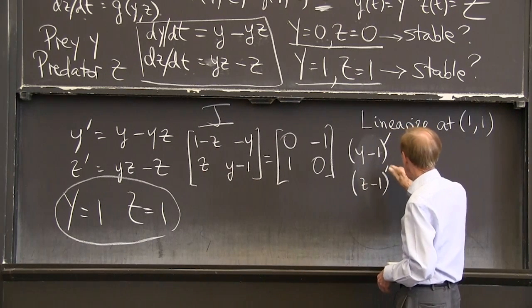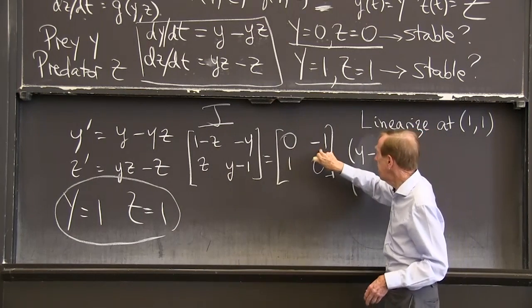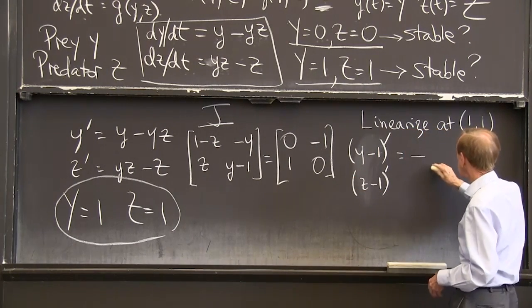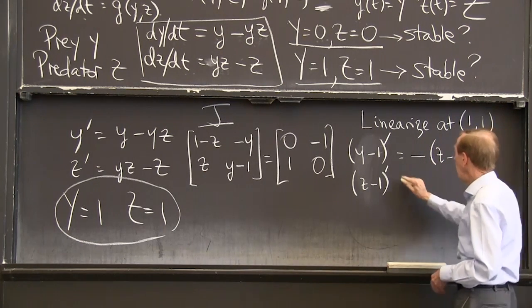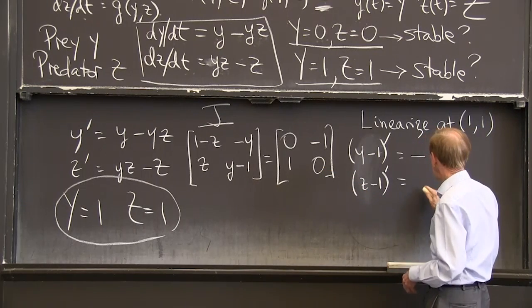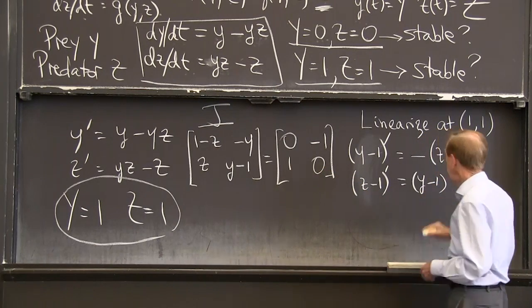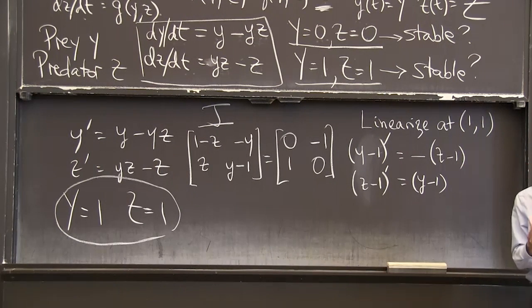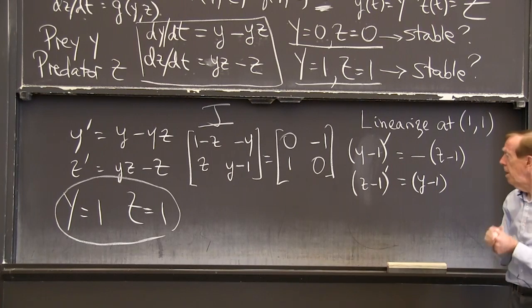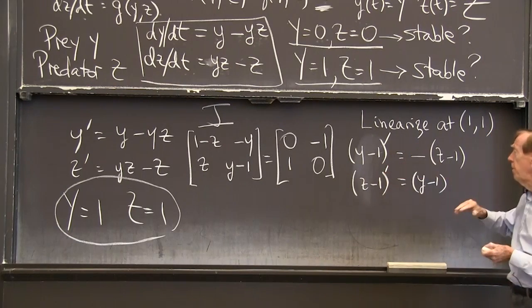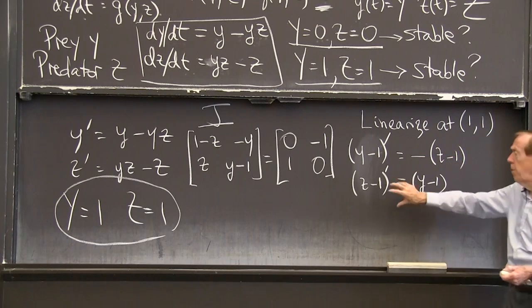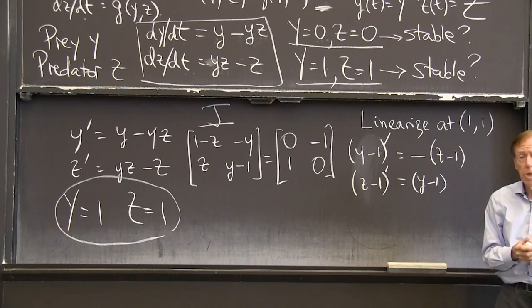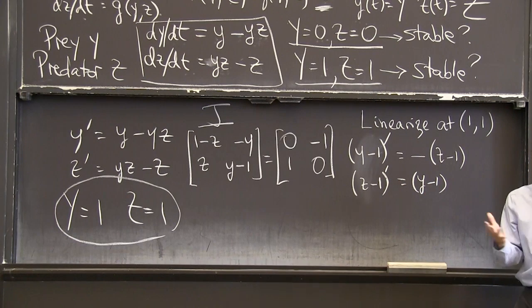So the derivative of y minus 1 is, I see here a minus (z minus 1). And here, a plus (y minus 1). You've got to understand this pair of linearized equations. If I use some other variable, the derivative of the first guy is minus the second. The derivative of the second guy is plus the first. What will happen?